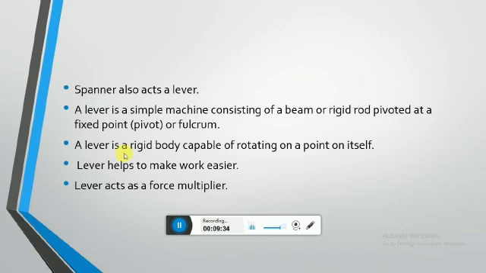Another way of defining a lever: a lever is a rigid body capable of rotating on a point on itself. There is some point around which it can rotate. Let's try to discuss it with an example.